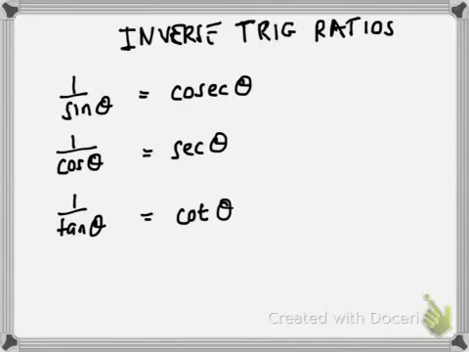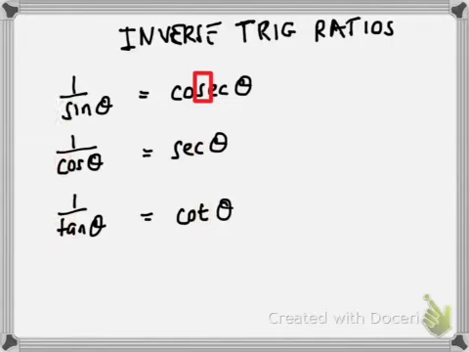And 1 over tan theta equals cot theta. The way to remember these is to look at the third letter: cosec, third letter c, 1 over sine; sec, third letter c, 1 over cos; cot, third letter t, 1 over tan. That's an interesting way of remembering which one is which.